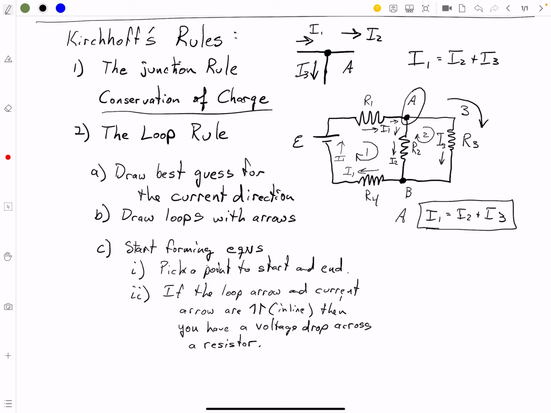Our loop is going in that direction, the same direction as the I2, and so they are in line with each other. So I have a voltage drop. So if I have a voltage drop, I'm going to say I2 R2 with this negative sign out front. Okay.